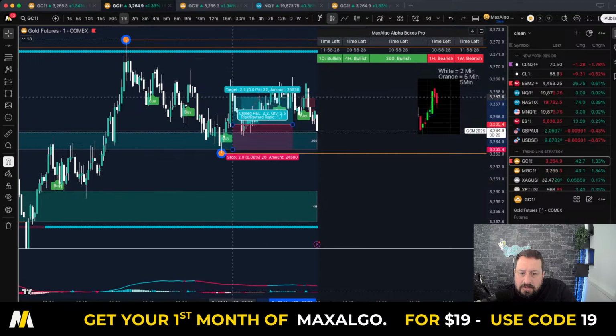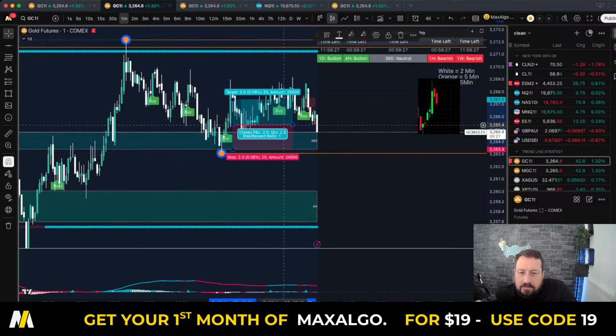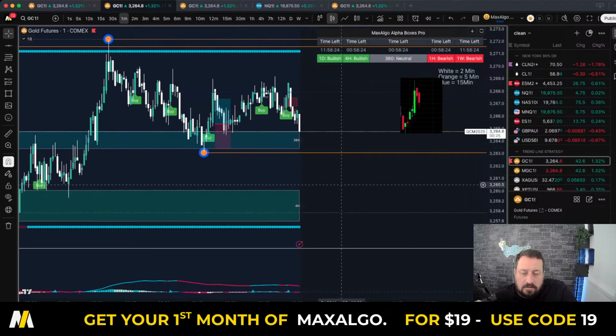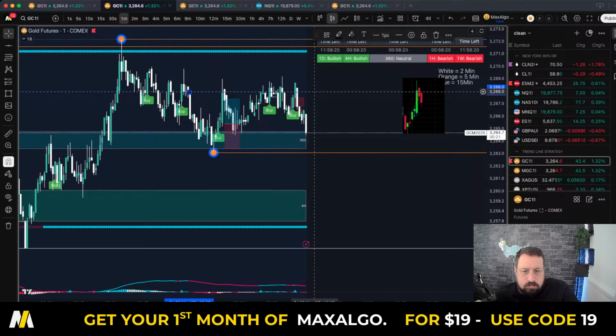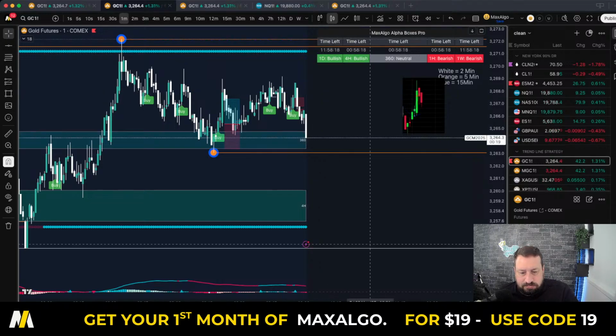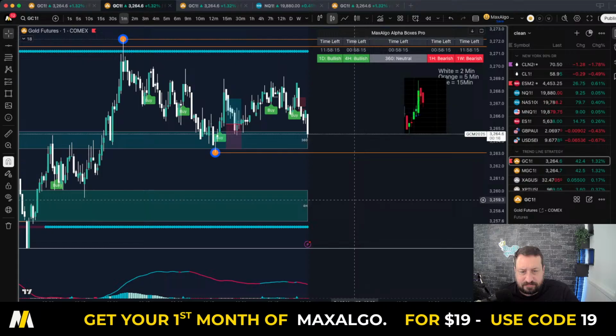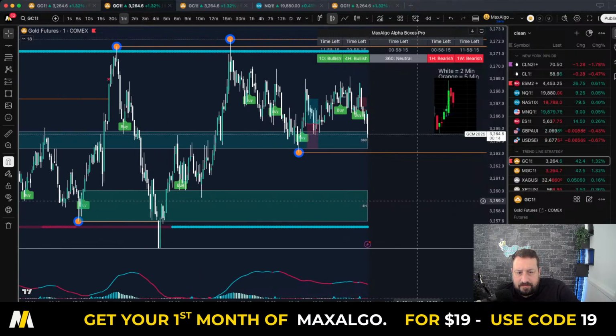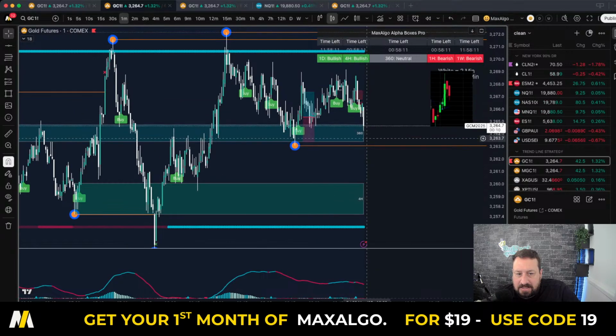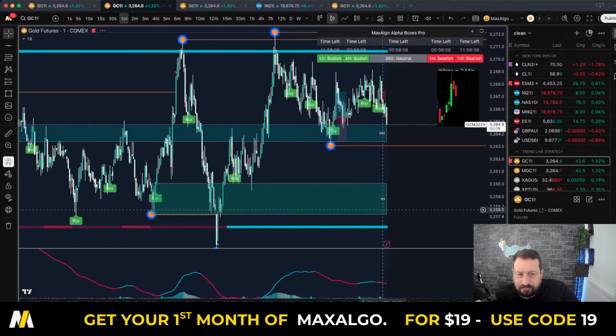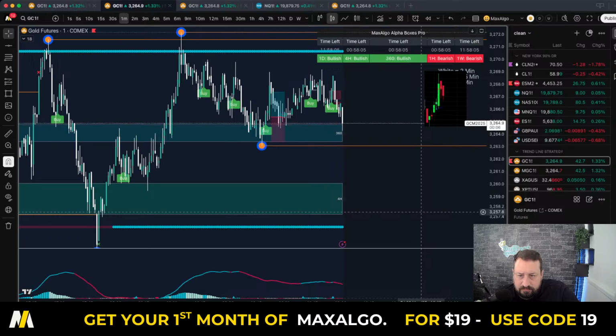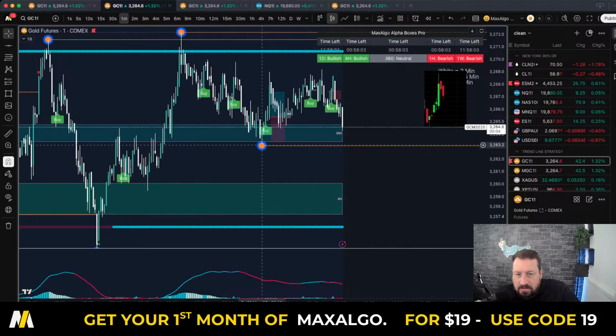Which was basically that. Let's see how we react. 4 hours down here, 6 hours here at the moment. Here's our current market structure.